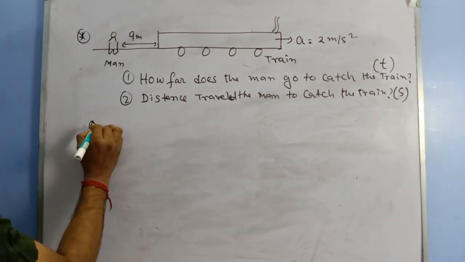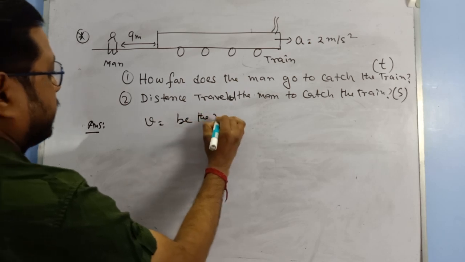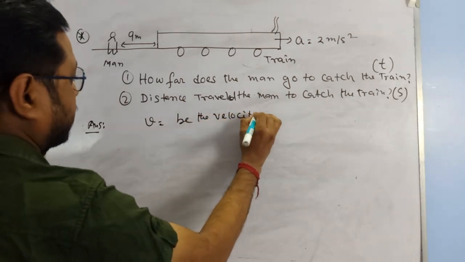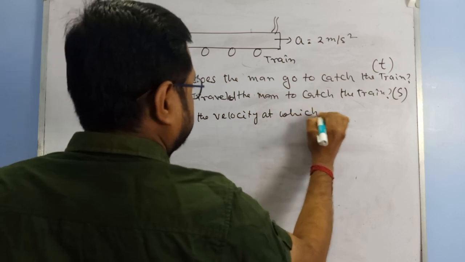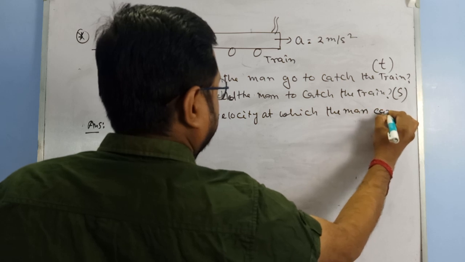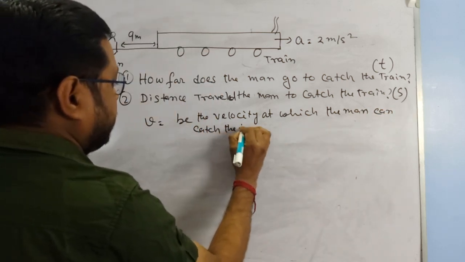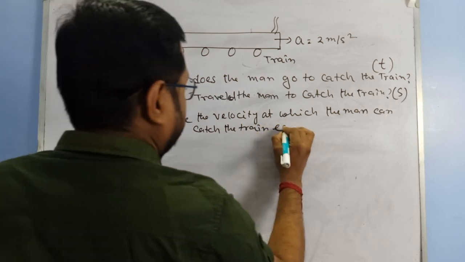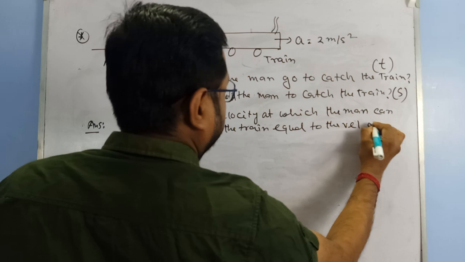Let us take that v be the velocity at which the man can catch the train, equal to the velocity of train.